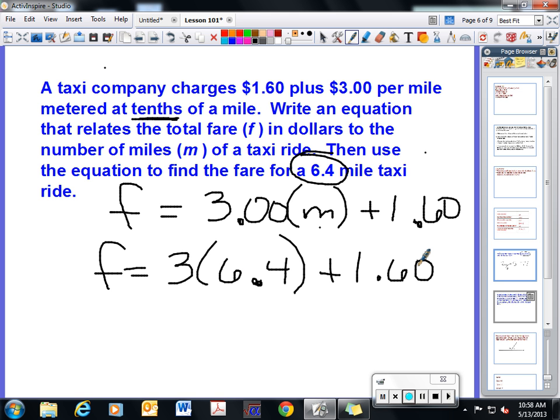And the fare for this taxi ride then would be $20.80. So again, we've practiced writing word problems into equations at times, but there's an example of one with 2 variables there.